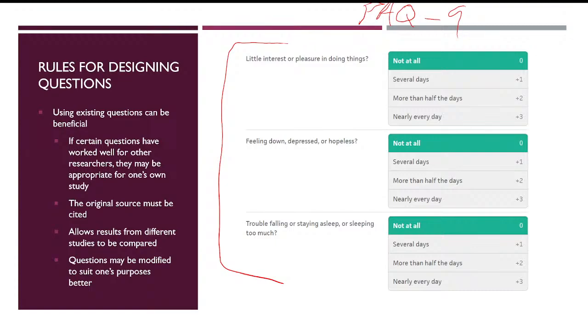Figuring out how to operationalize a really complicated concept like loneliness or depression can be really difficult. The stumbling block that I see most often with students is they end up asking the right kinds of questions, but in ways that aren't exhaustive of the concept, right?